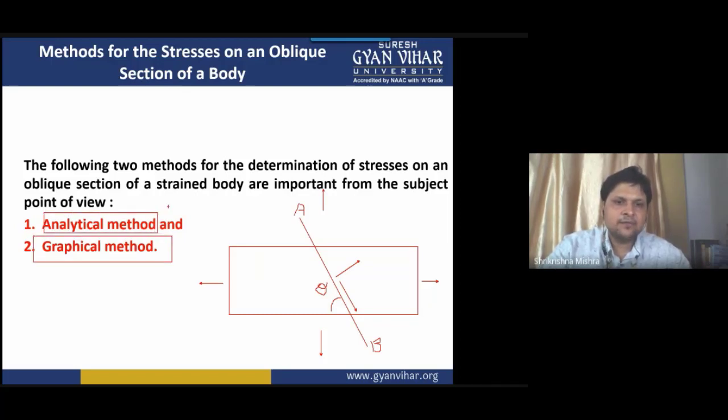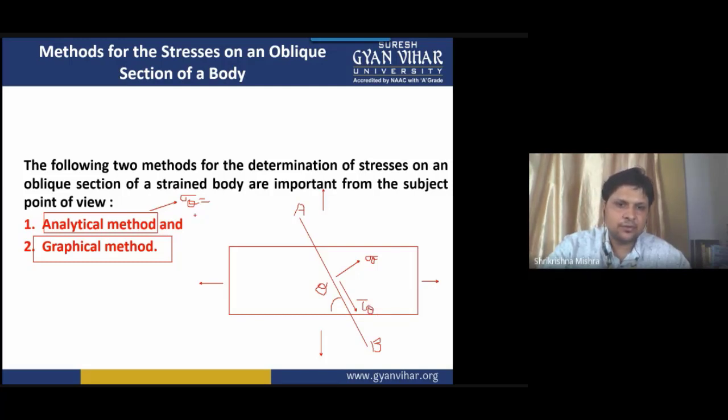In the analytical method, we have derived some equations, formulas, with the help of which we can calculate the value of sigma theta. Sigma theta is the normal stress along this inclined plane AB, and tau theta is the shear or tangential stress along this plane AB.